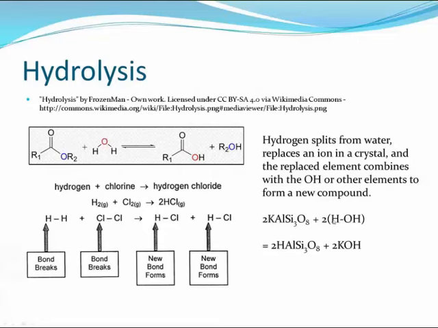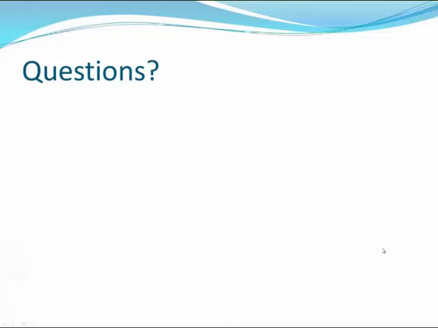Well, these 2 hydrogens replace these 2 potassium ions, and then you form a new mineral. And then those 2 potassium ions take the place of the hydrogen and combine with the hydroxyl and form a different ion that's in solution, and that's hydrolysis.